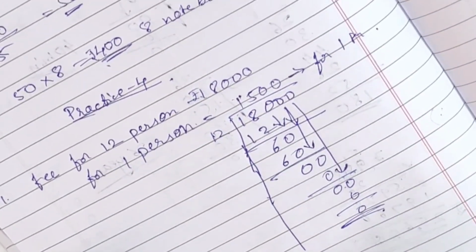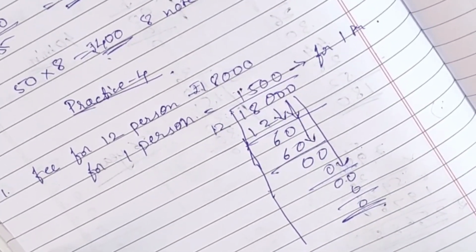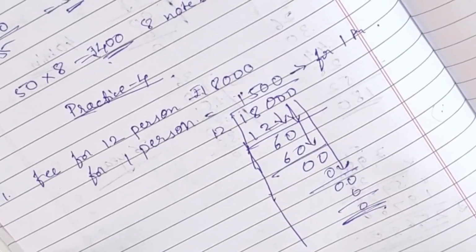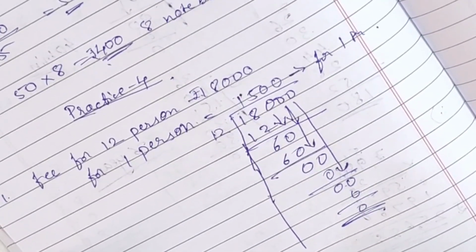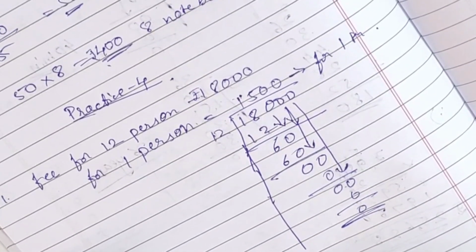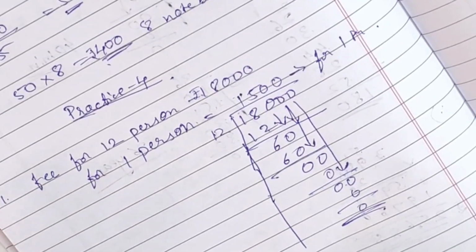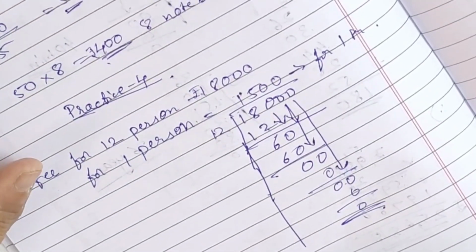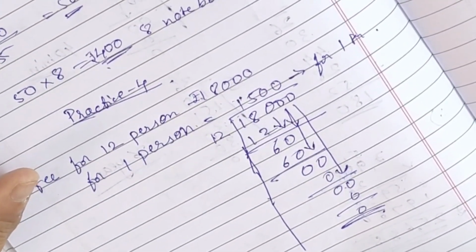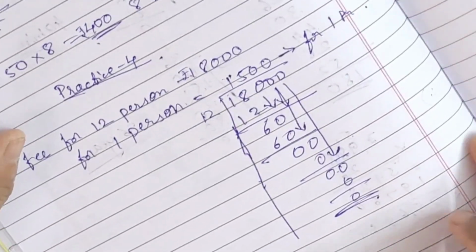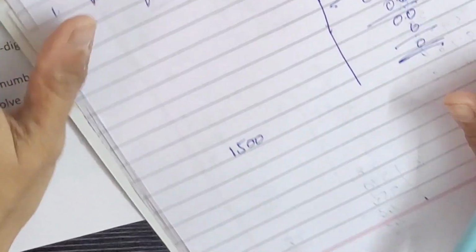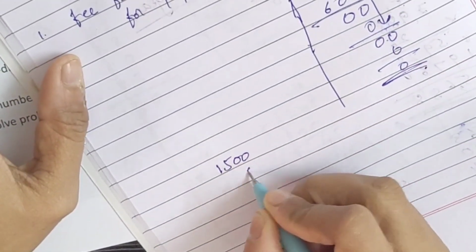Then now you have to multiply this. So 1,500 into 8. How much is the fee for 8 persons? 1,500 into 8.